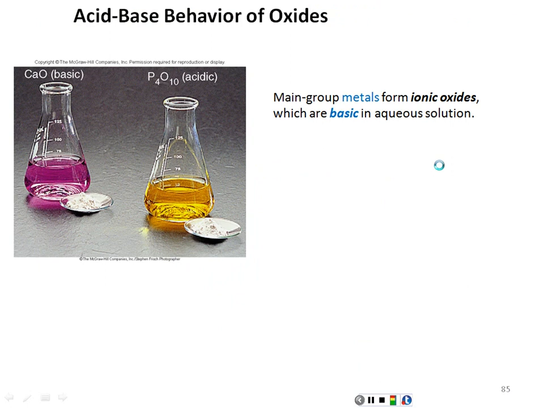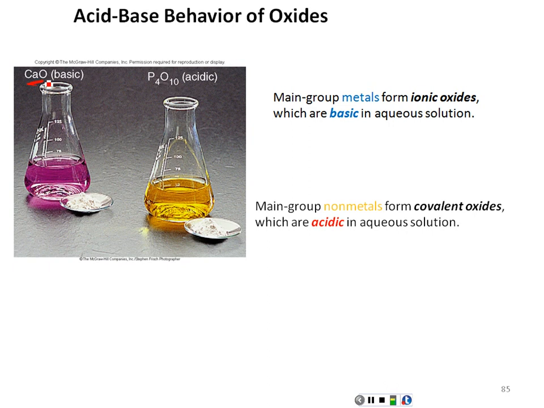We haven't talked about acid-base chemistry yet, but we're going to talk a little bit about the acid-base behavior of oxides. Main group metals form ionic oxides that tend to be basic in solution. That's shown here. Calcium oxide would be basic if you put it in water. Main group nonmetals tend to form covalent oxides that are acidic in aqueous solution.